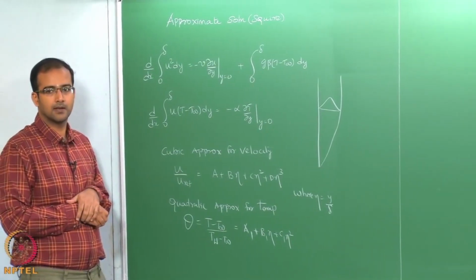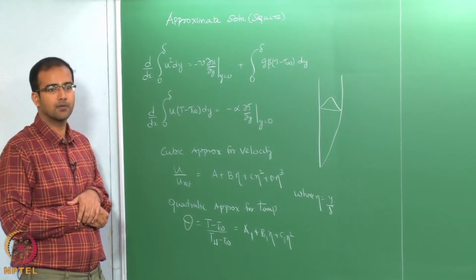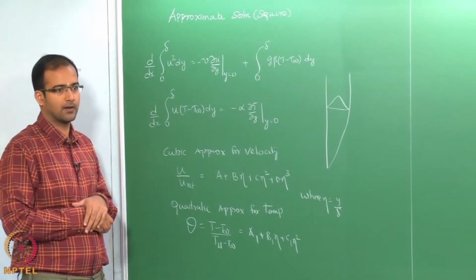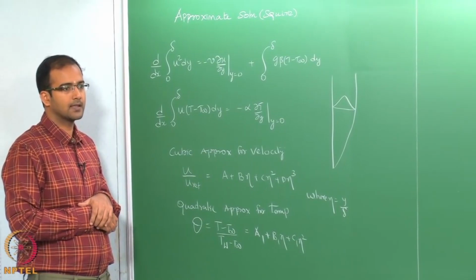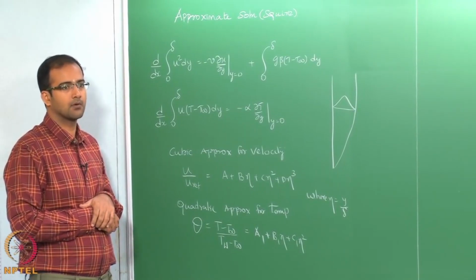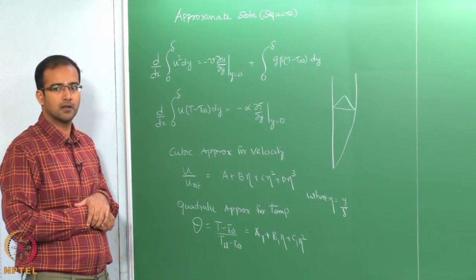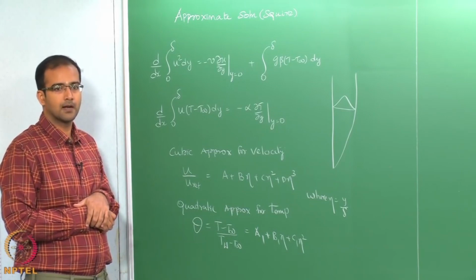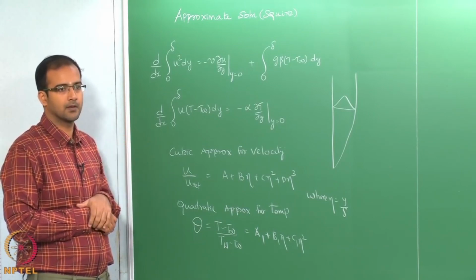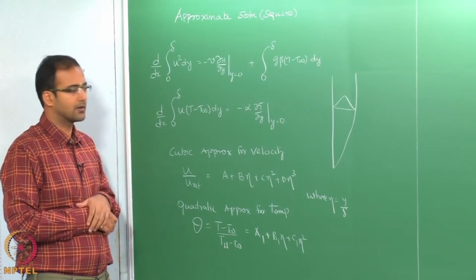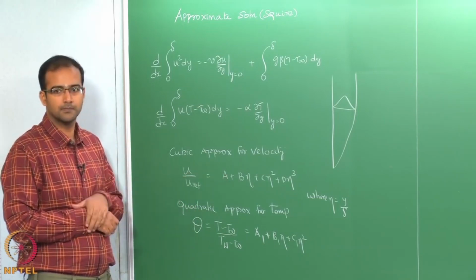We cannot therefore predict this with a linear profile or even a quadratic profile for that matter. So, unlike the external forced convection boundary layer, the choice of velocity profile here has to be at least, the minimum order that we have to take is a cubic polynomial.